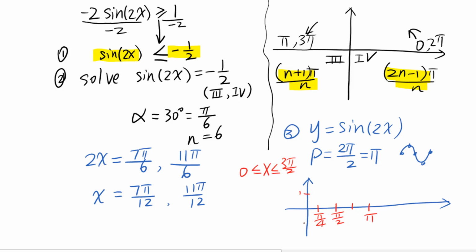This is 1, here is negative 1. 3 pi over 2, that is 1.5. So this is 3 pi over 2. Let's check the pattern: 1, 2, 3, 4, 5. Keep going with this pattern. Then we sketch the graph.